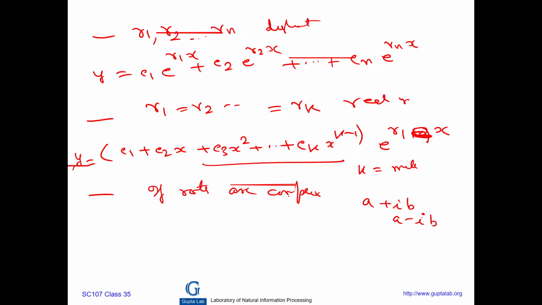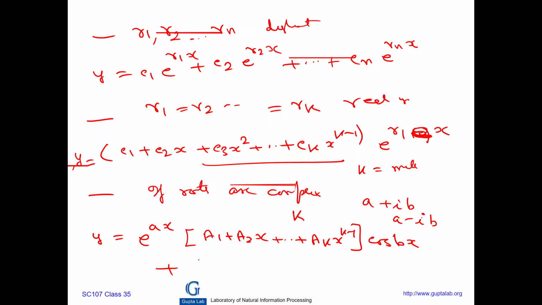So, suppose the multiplicity is again k, so the solution is e raised to power ax times (a1 plus a2x plus ... ak x raised to power k minus 1) cos bx plus (b1 plus b2 x plus ... bk x raised to power k minus 1) sin bx. This is a part of the general solution, okay?